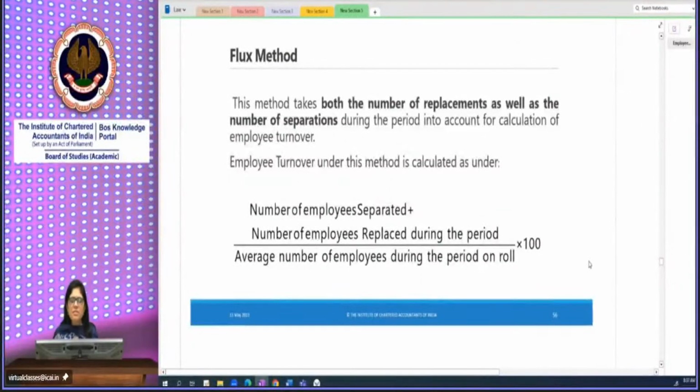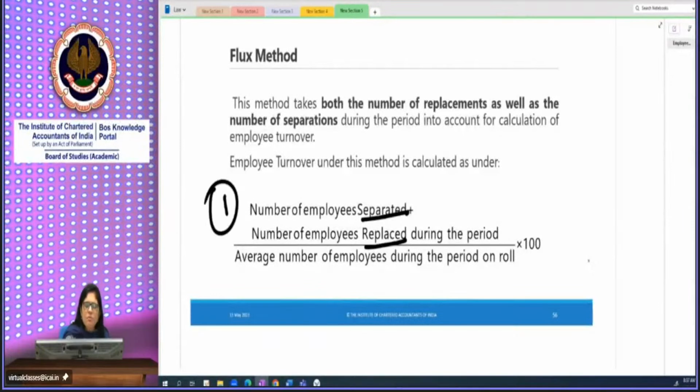In the flux method, we take employees separated and replaced, both. So the number of employees separated and the number of employees replaced, replaced meaning those we have recruited in place of those who have left, divided by the average number of employees during that period. The flux method can be calculated in two ways.